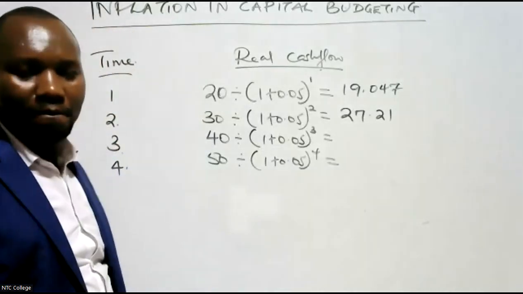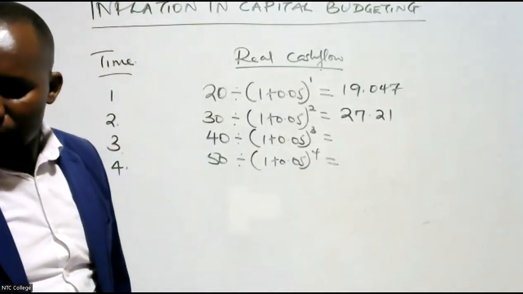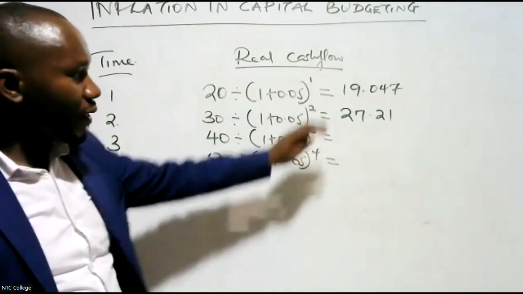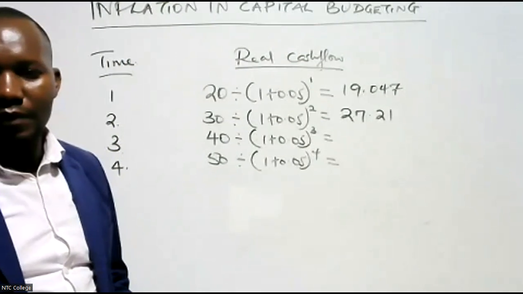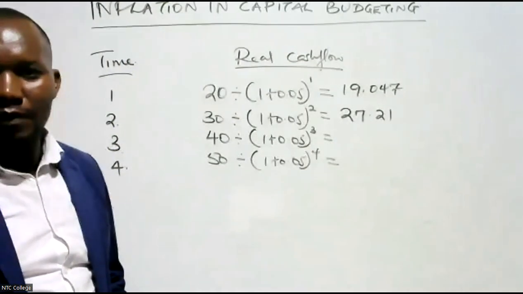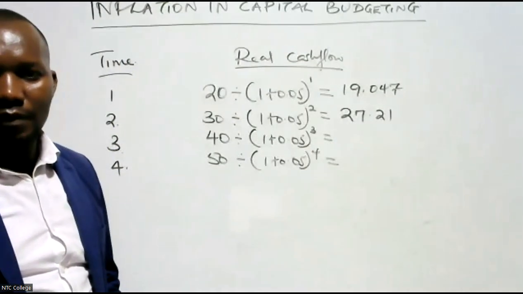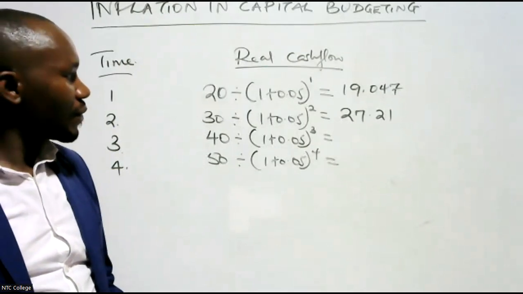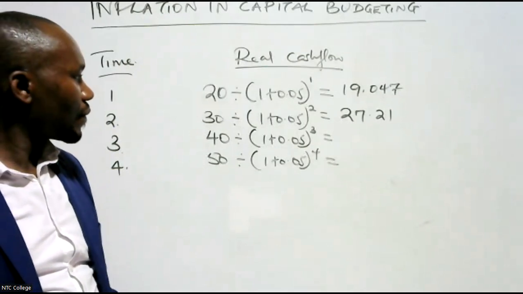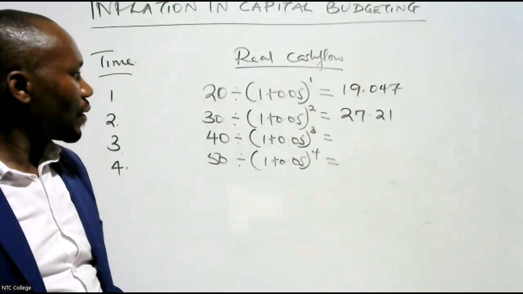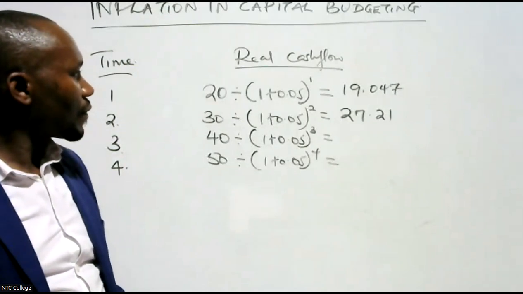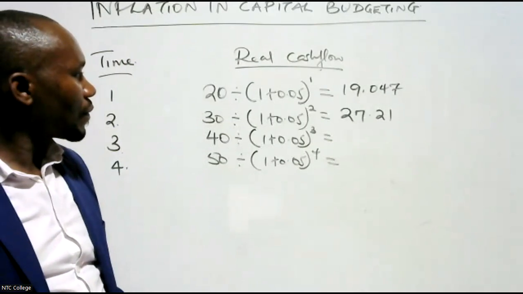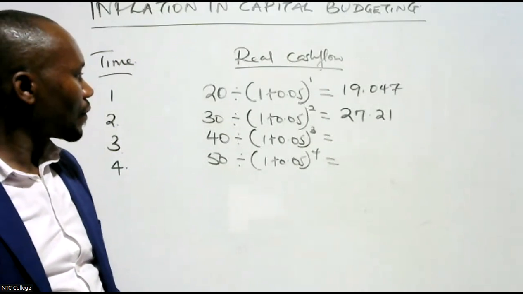Year 3. Let's do it together so that we don't get wrong things as we move. We help each other. Why are we having the periods 1, 2, 3, 4 as powers? Why are we having 20 divided by 1 plus 0.05 raised to power 1?